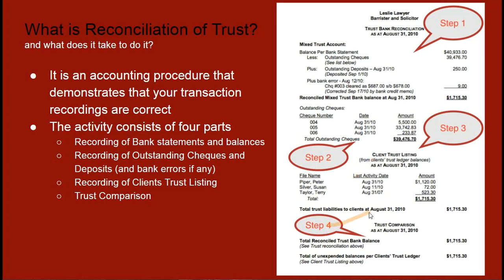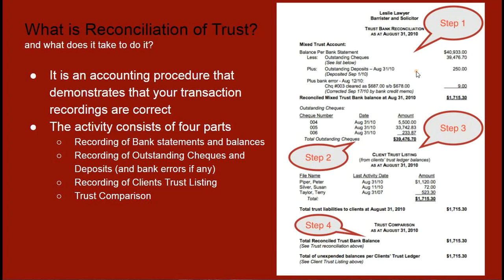Otherwise, if you have print paper documents, then the first step is to understand the balance as per your bank account on that particular day when you're doing your reconciliation. So if you're doing the reconciliation at the end of the month, as of that date, what is the balance in your bank account?